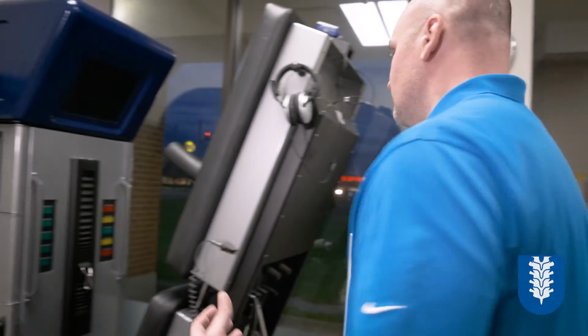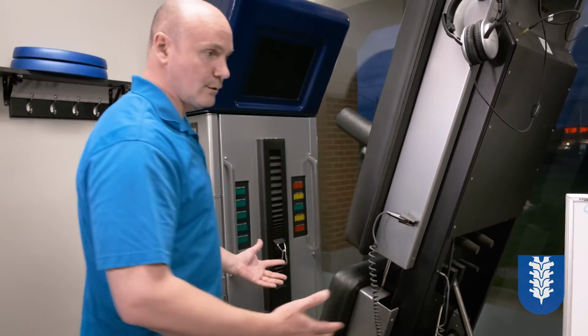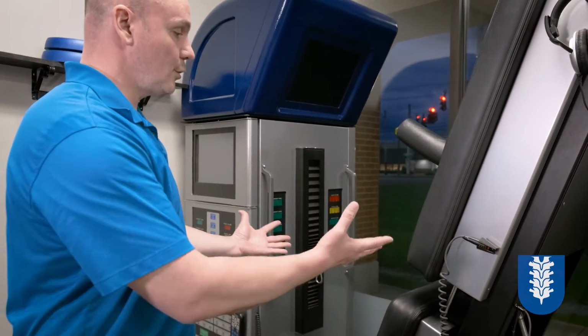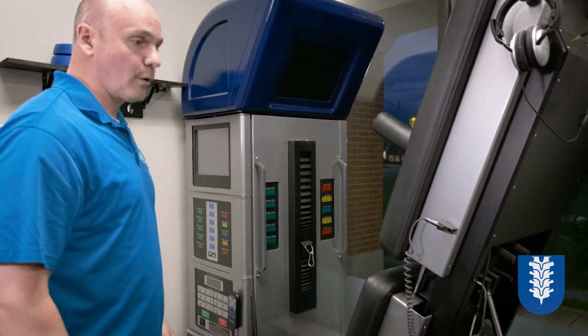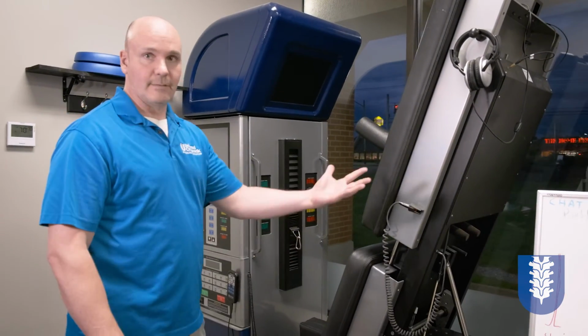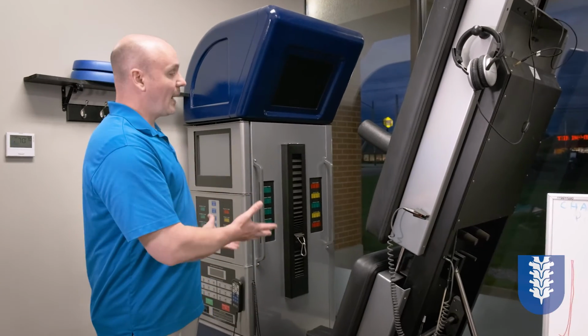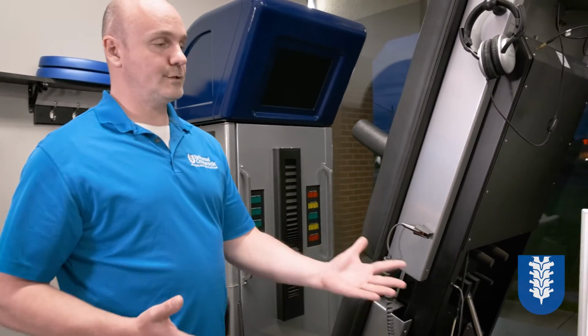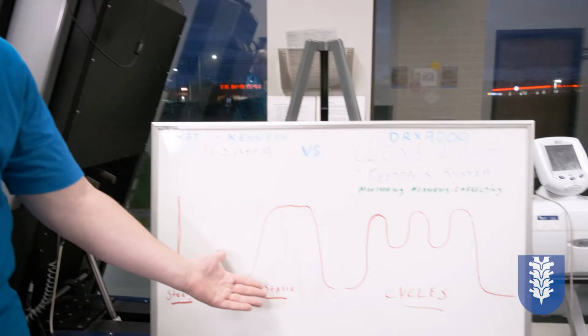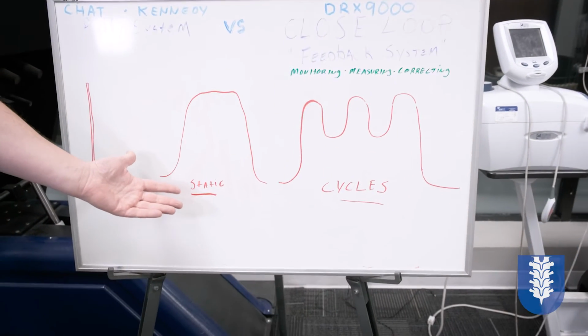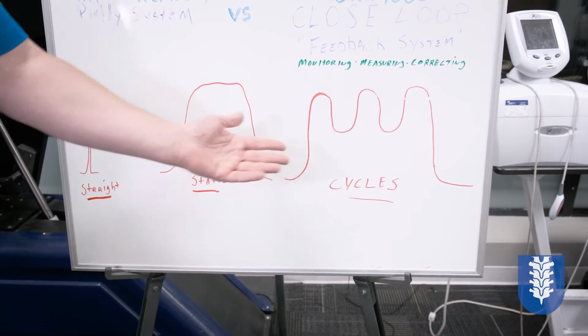And over here we have our DRX 9000. You can see it's a little bit fancier, definitely more computer generated than the Chattanooga or even the Kennedy table. When you're on this table, we're still setting it up to do the same mechanisms of traction, either static pull or cycles.